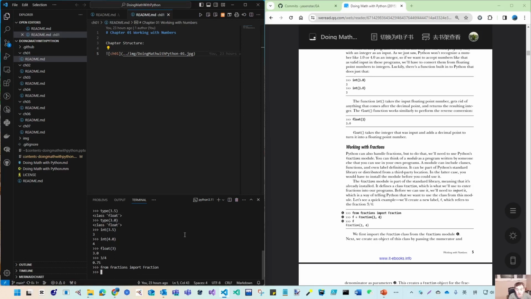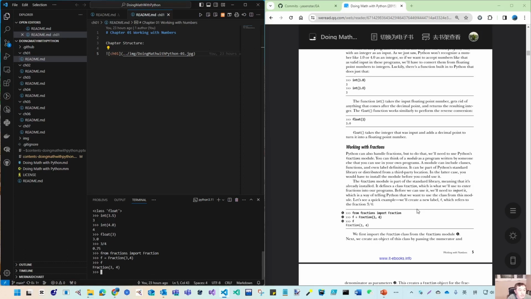We call this f equal to Fraction 3, 4. So 3 is above the fraction line, and 4 is below that.